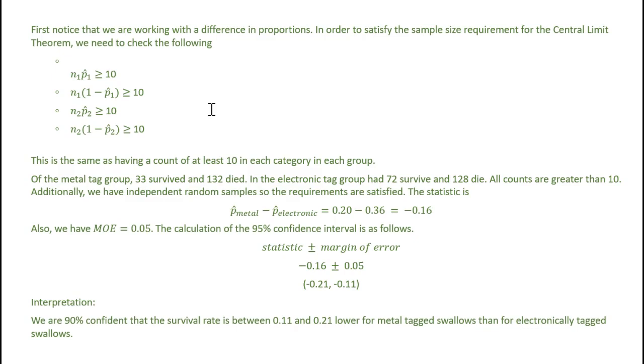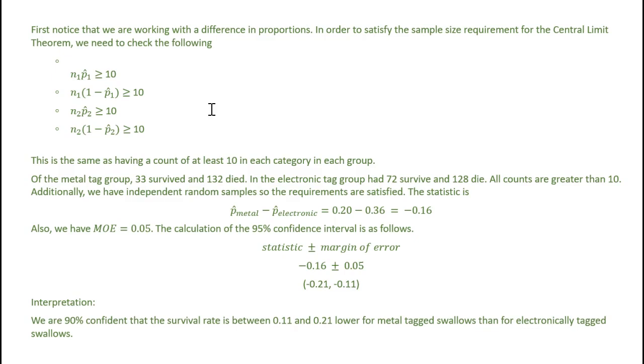From here, we can calculate our statistic, which is going to be the difference in the percentage of the two types of tags that survived past the 10-year rate. So we have 20% minus 36%, or 0.2 minus 0.36, giving us a point estimate of negative 0.16. Also, we're given that our margin of error is 0.05 for this example.